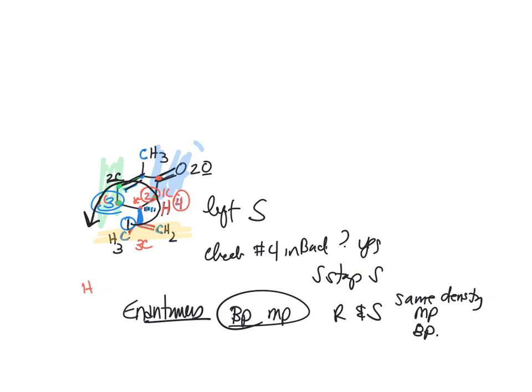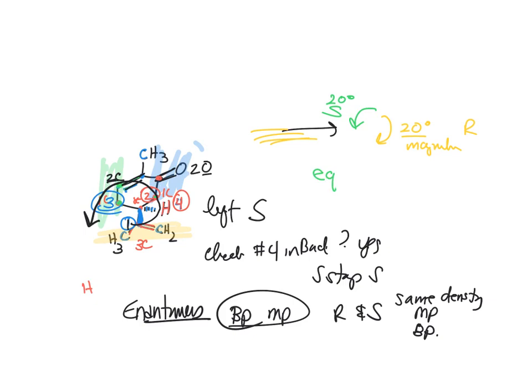But they're going to rotate plane polarized light. When you do the rotation of the light in the plane, one of them is going to rotate, let's say, 20 degrees in magnitude, this is called magnitude, the number, in the right direction, whereas the other enantiomer will go 20 degrees in the opposite direction.